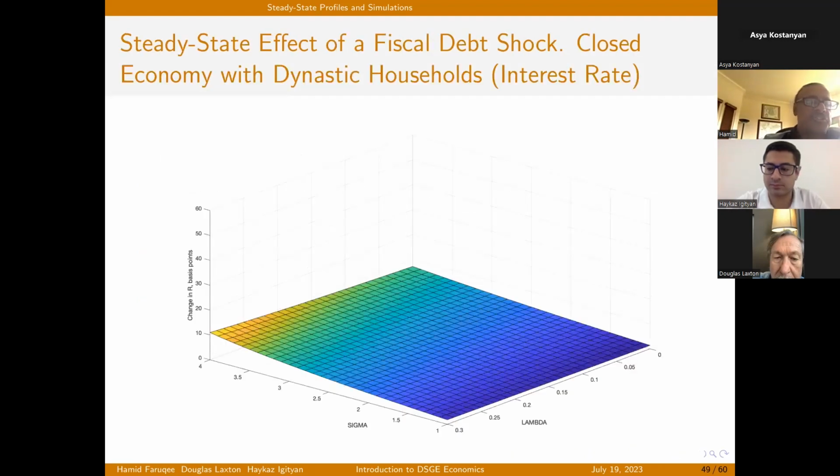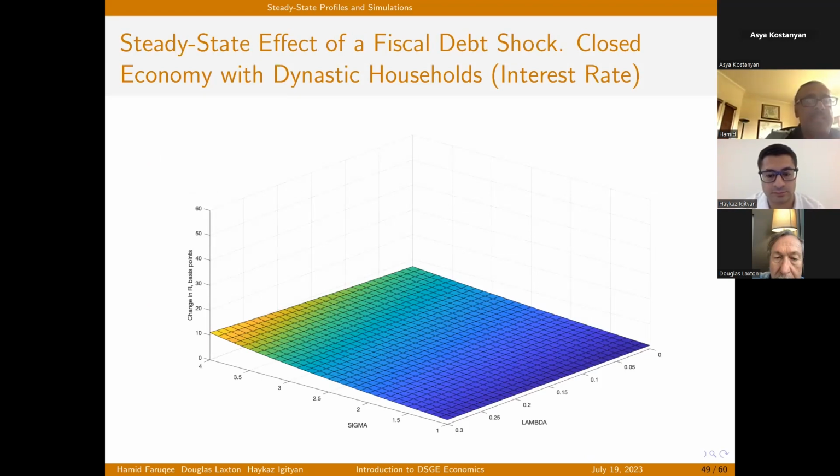And this kind of shows you what the surface looks like in that dynastic household case. So the vertical axis here is the change in the steady state interest rate in basis points for that 10% of GDP debt shock.